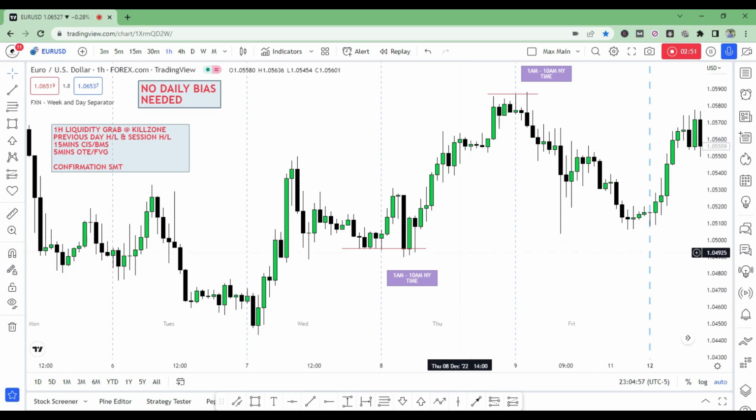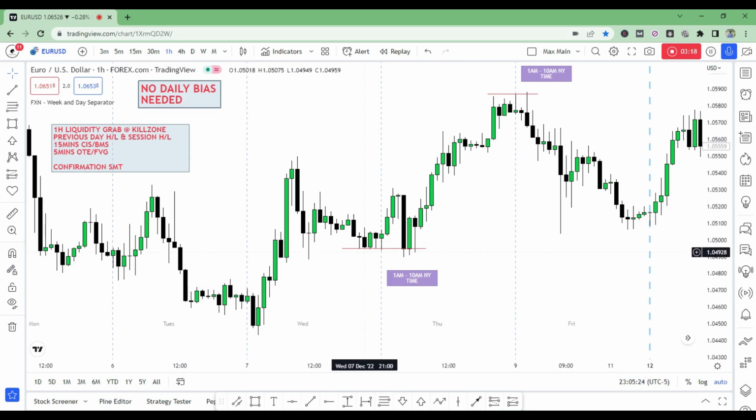But essentially, he talks about New York time, starting from 2 a.m. to 5 a.m. That's the London open session, and then starting from 8 a.m. to about 11 a.m. That's the New York open session. So those are the two kill zone times that we're going to be looking at, and I prefer to just look at the entire period between 1 a.m. to 10 a.m. to find this setup.